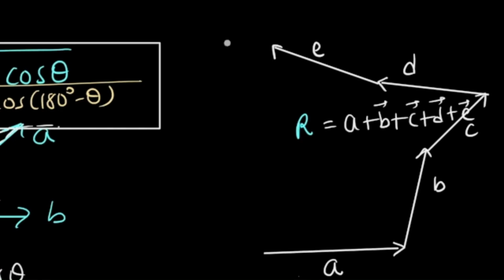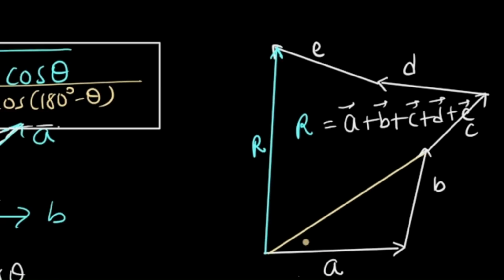Here. How would you determine it? Vector R is the straight line that is going from the tail of the first vector, vector A, to the head of the last vector, vector E. If you wish, you could split this problem into multiple parts. So first figure out the sum of A and B, that would be R1.